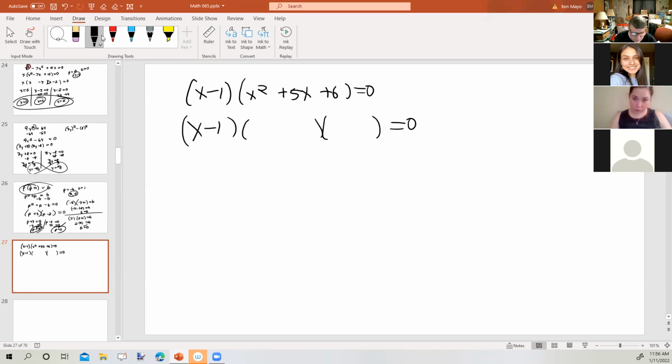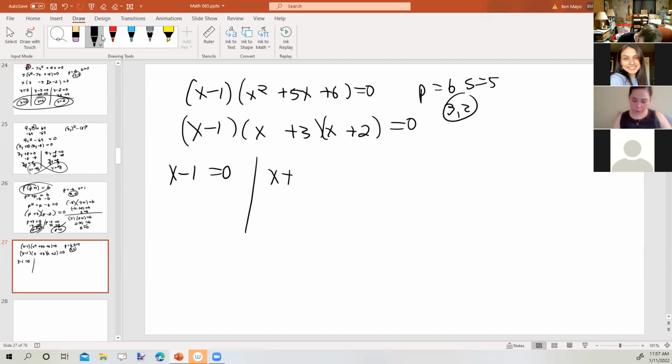It's a trinomial in standard form, no greatest common factor, not a perfect square, has a leading coefficient of 1. So we're looking for a product that's 6 and a sum that's 5. How about 3 and 2? Okay. So x minus 1 equals 0, x plus 3 equals 0, x plus 2 equals 0.